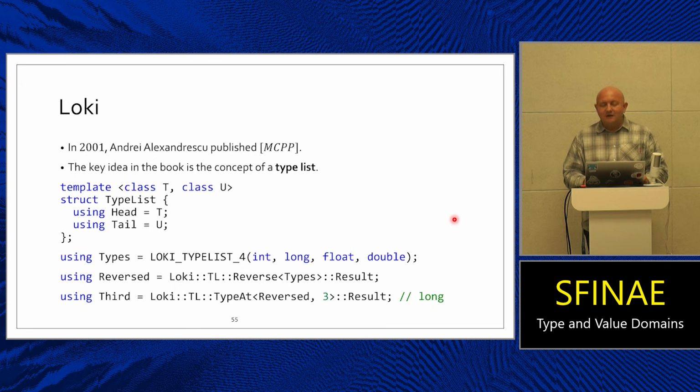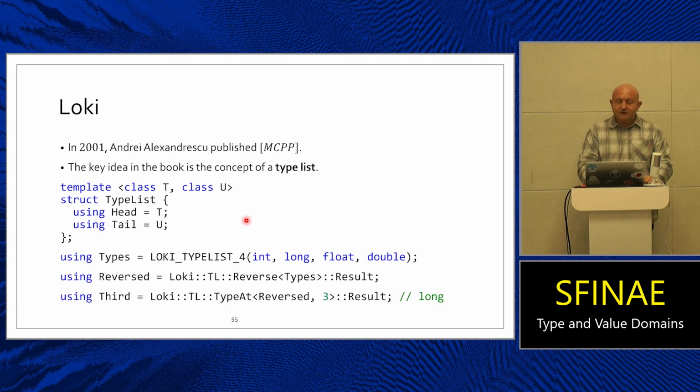The key idea of that book was the type list. A type list is a compile time linked list of types, each node containing a head and a tail, which itself might be a type list. So you can peel off the head type, and what remains is another type list.